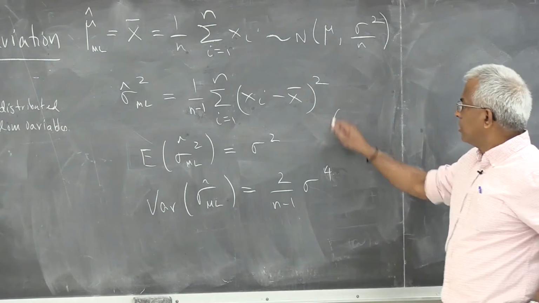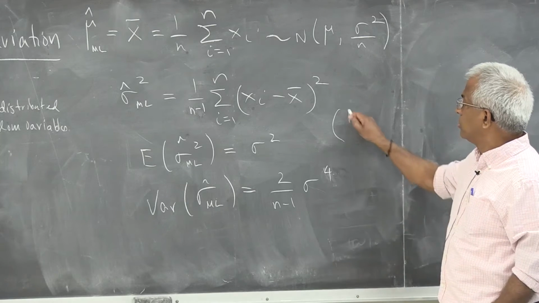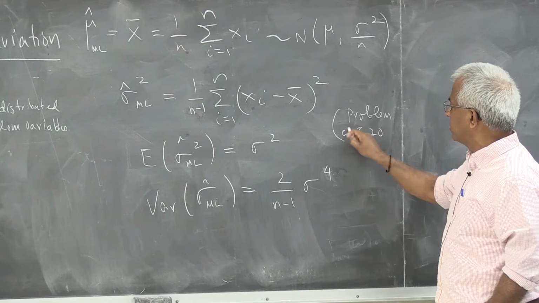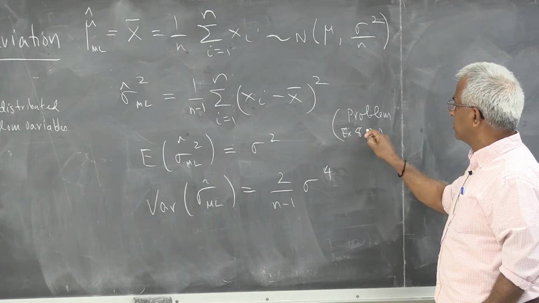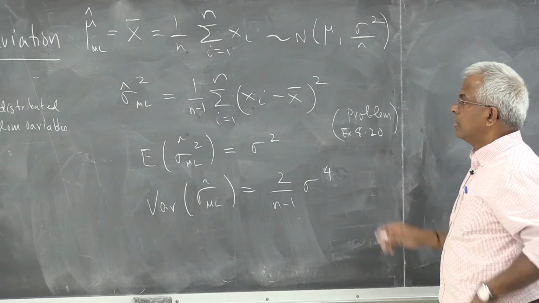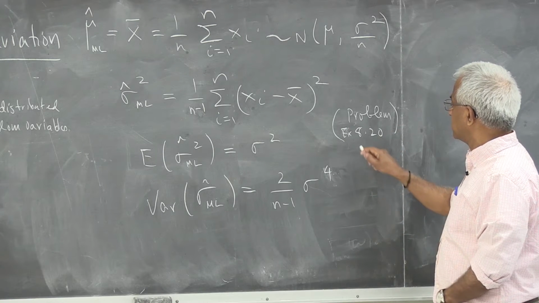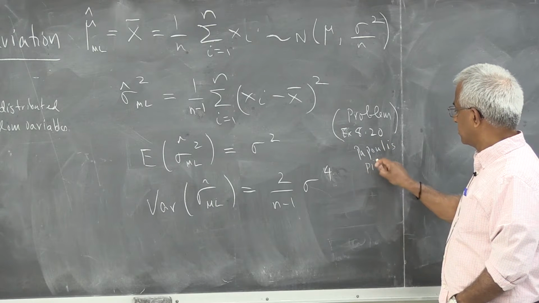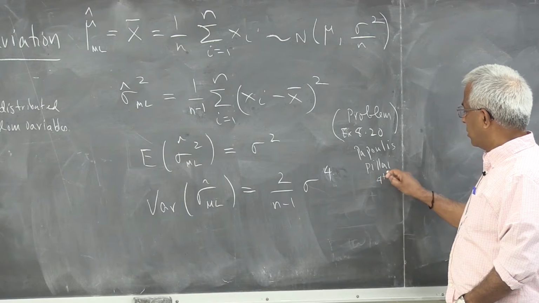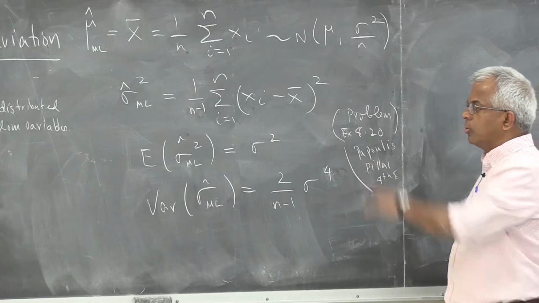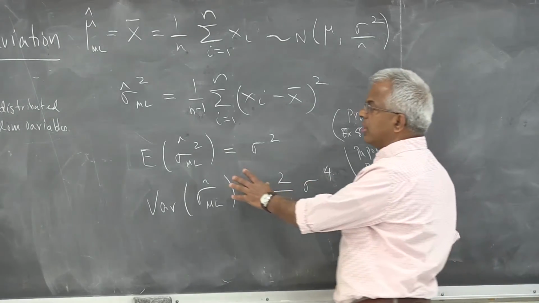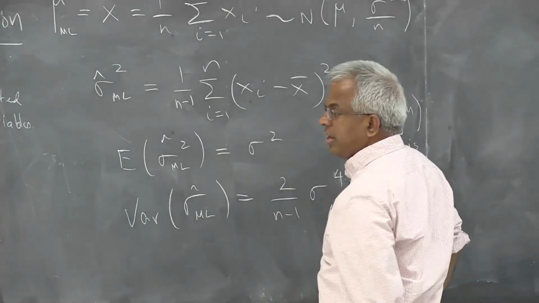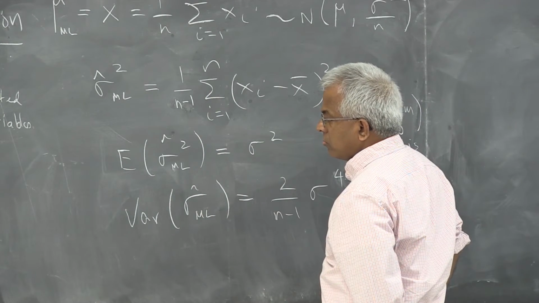This is also problem 8.20, example 20 in chapter 8 of Papoulis and Pillai, 4th edition, the probability book. I'm not going to go over the details. And again, you can show that this is the best estimator for the variance.